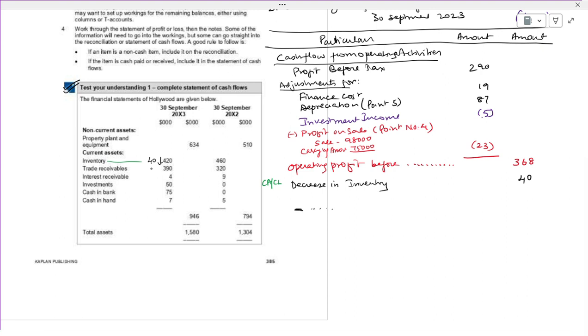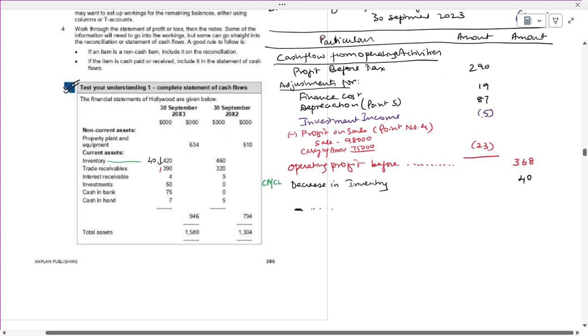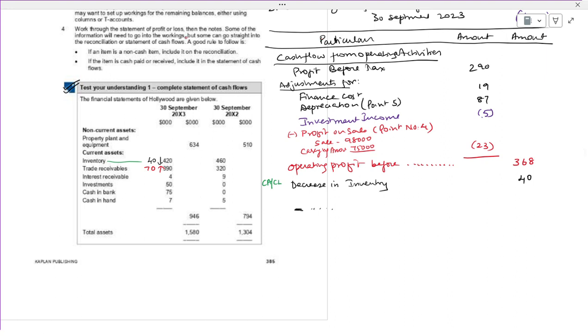Okay, receivables. What happens to receivables? Increasing. How much is it increasing? It's 90 and 70. Asset increases, cash will decrease.